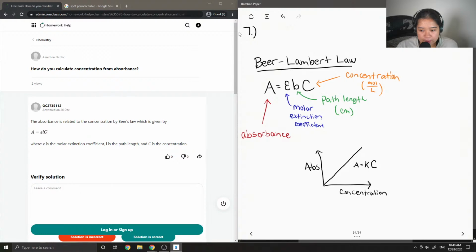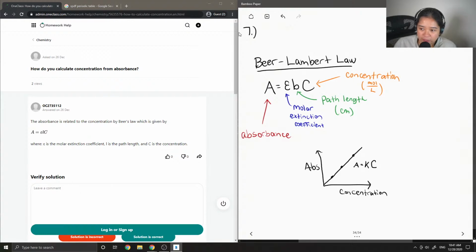So you might be given different absorbance values depending on the concentration, and you might have to plot them in a graph. And then using either Excel or SigmaPlot, or even just knowing that the slope is equal to rise over run.